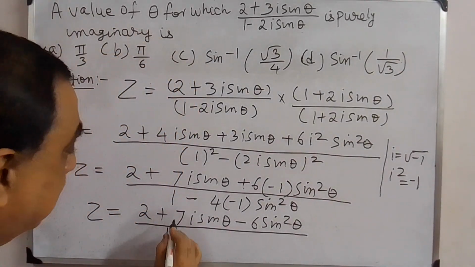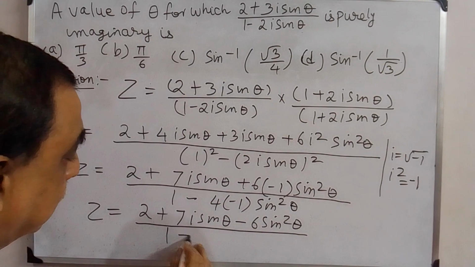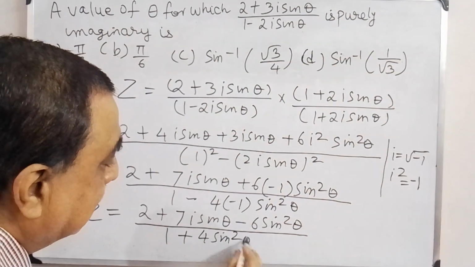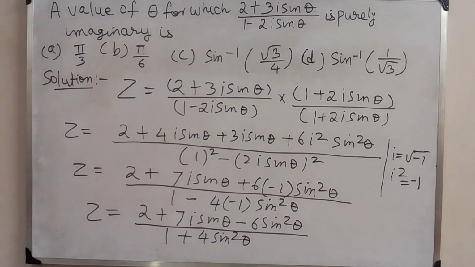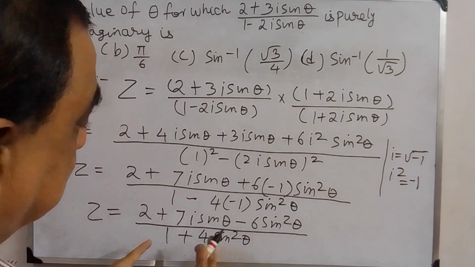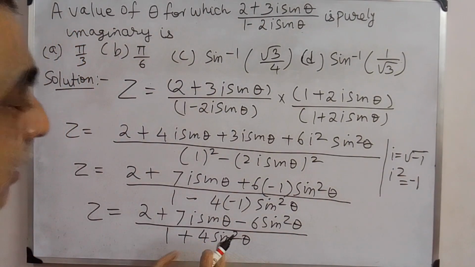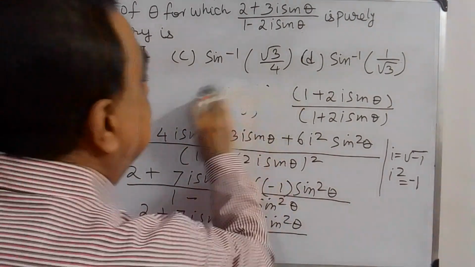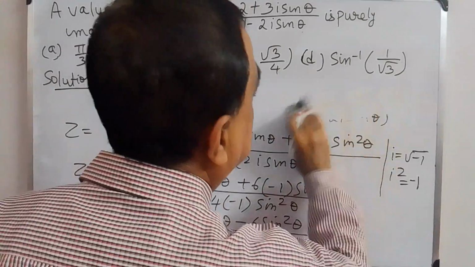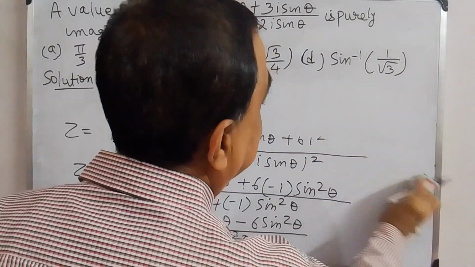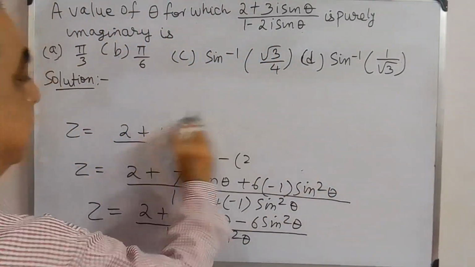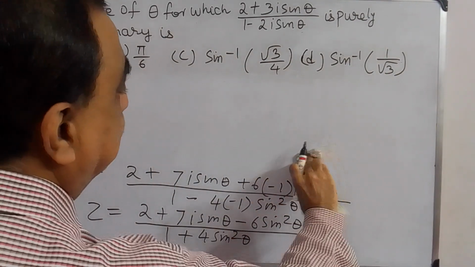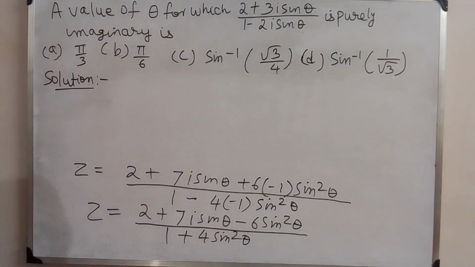Here 1, minus into minus becomes plus 4 sin squared theta. Now write the real part and imaginary part separately. And then we will equate the real part to 0, because it is told to us that the given complex number is purely imaginary. So the real part will be 0.